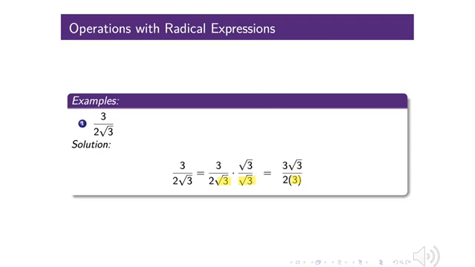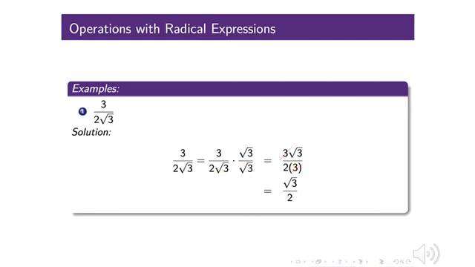So we obtain 3 square root of 3 over 2 times 3, since the square root of 3 times the square root of 3 is just 3. Then we cancel out 3 both in the numerator and denominator, so we have square root of 3 over 2.